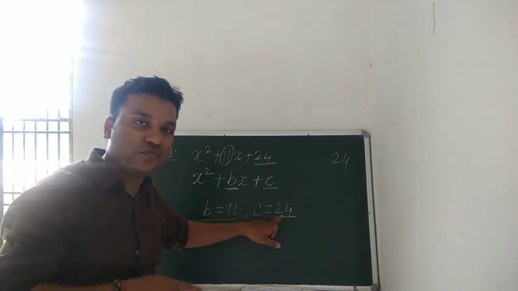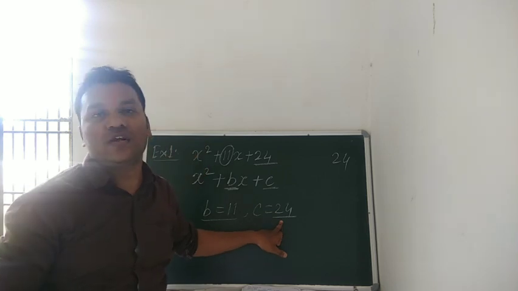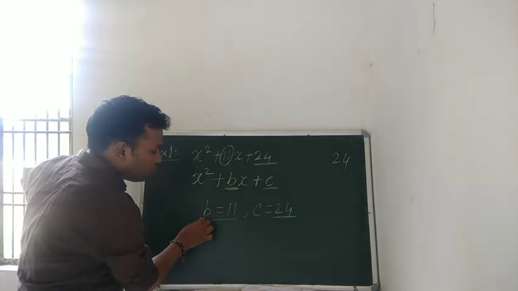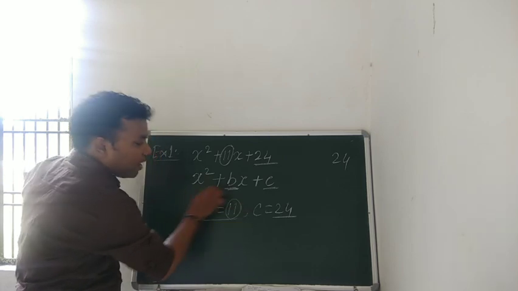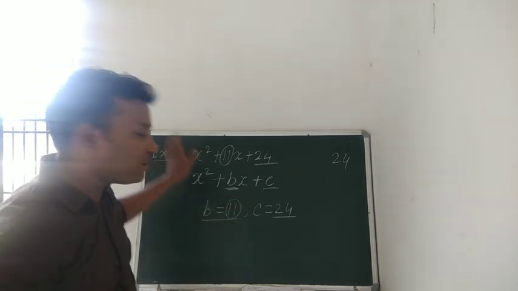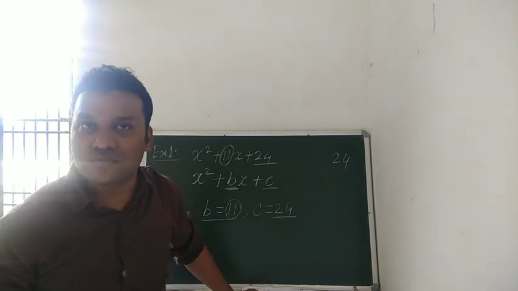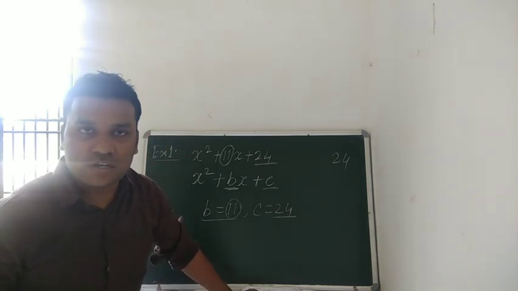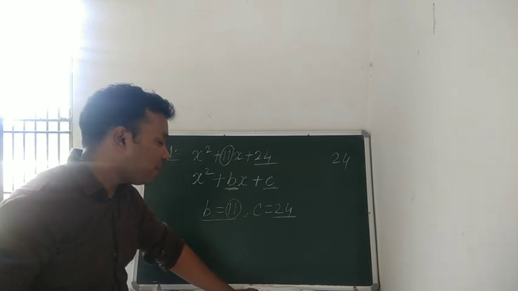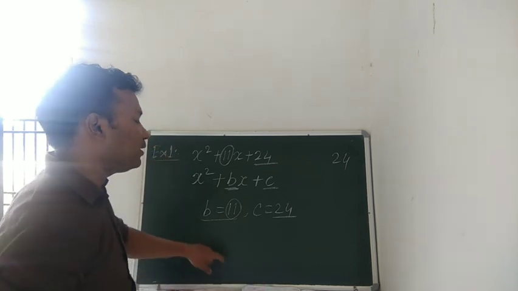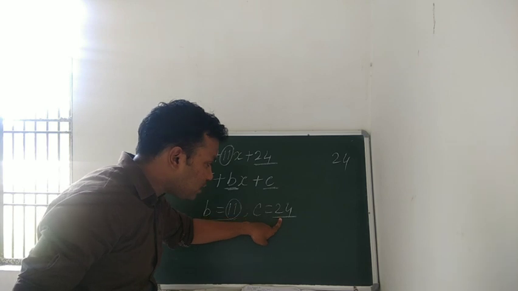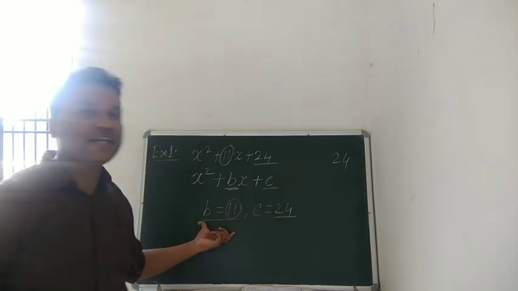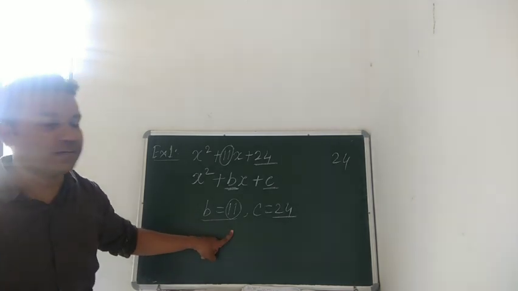In this question we have to factorize this 24 into two factors whose summation must be equal to the value of b, that is 11, and the product must be equal to the value of c, that is 24. Obviously, if you are factorizing 24, then the product will always be 24. So the main thing which we have to understand is that we have to factorize this 24 into two such factors whose summation must be equal to the value of b, that is 11.